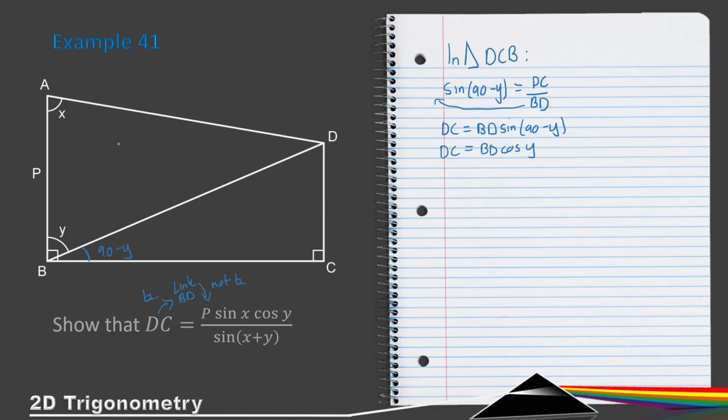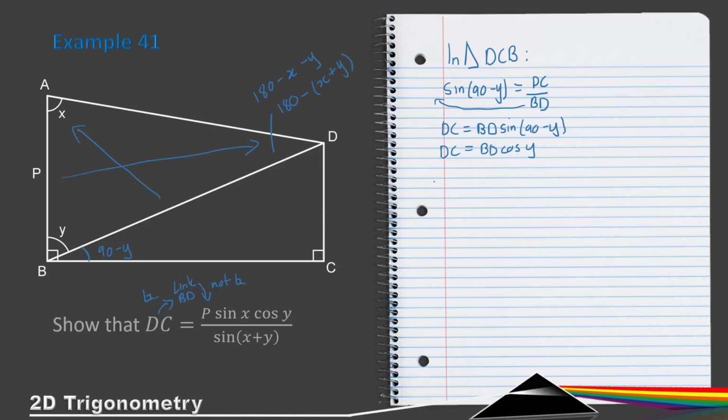Let's first try to use the sine rule. BD is the applicable side, and we have the opposite angle, and P is the other applicable side, but we do not have that opposite angle, although we can just use the angles of a triangle. That's just going to be 180 minus x minus y. To simplify further, we factor out a negative, and we're left with 180 minus x plus y.